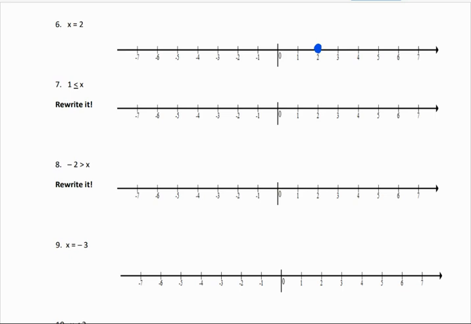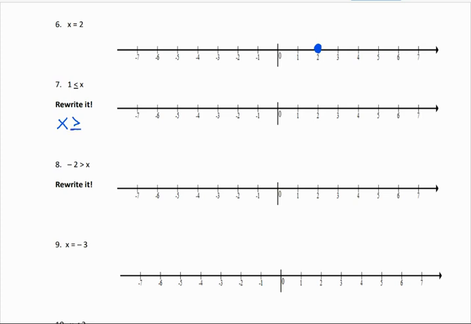For number 7, instead of the x being on the right, we're going to put x on the left. Now, tell me, what was that inequality doing to the x? Was it pointing to the x or opening up to the x? It was opening up. So when I rewrite it, I'm not changing things. I'm going to continue to have it be opening up to the x.